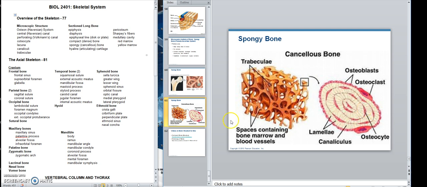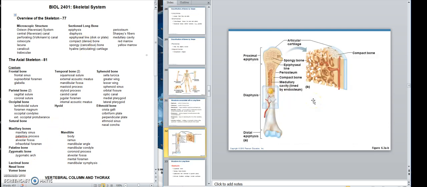All right, so hold on one second. We're now going to go to long bone. Okay, class, here is long bone. In the long bone, we're seeing the epiphysis, which we've talked about, on the two ends. The diaphysis is in the center.